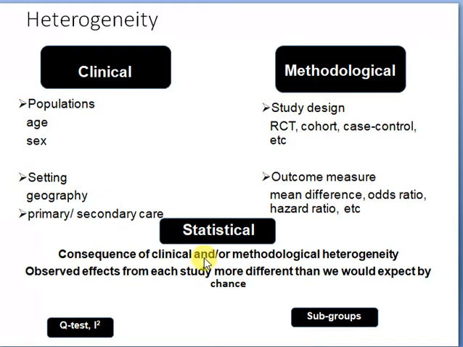Methodologically, we can say study design, especially RCT, cohort, and others, are different from each other. The other one is outcome. It might be identified by mean difference, odds ratio, hazard ratio. So this can make different studies heterogeneous.